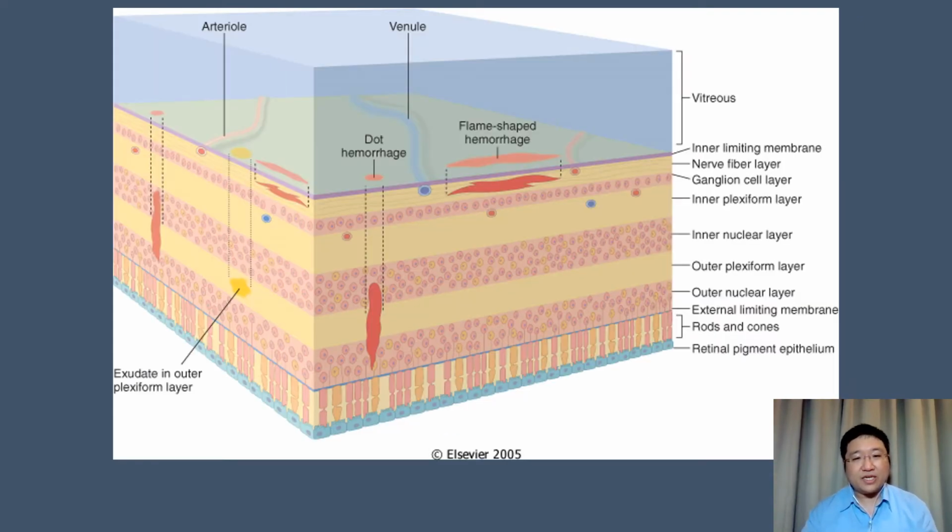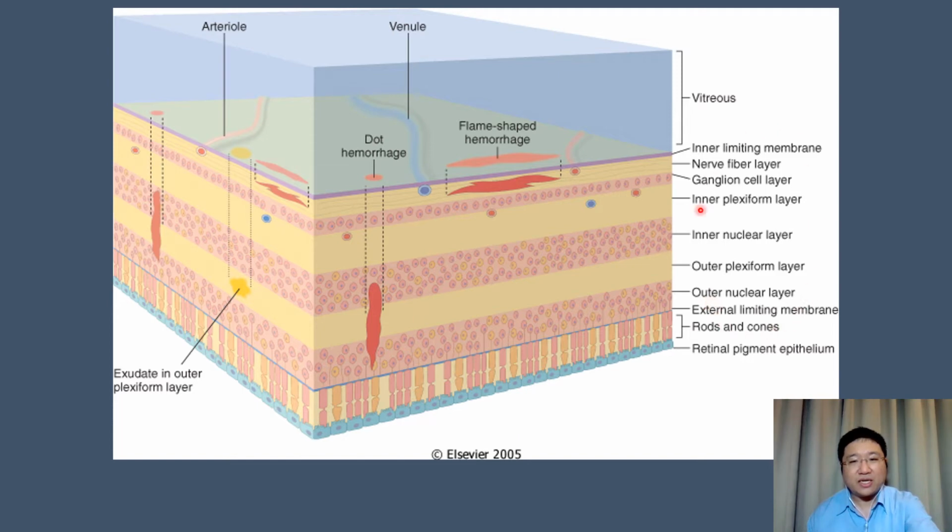And this is the structure of the retina. The posterior segment contains vitreous, right? And the retina has 10 layers: inner limiting membrane, nerve fiber layer, ganglion cell layer, inner plexiform layer, inner nuclear layer, outer plexiform layer, outer nuclear layer, external limiting membrane, and rods and cones.